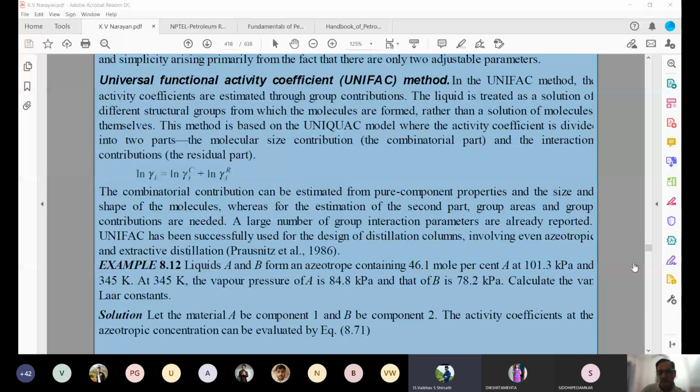Sir, gamma 1 is 1.1167 and gamma 2 is 1.245.